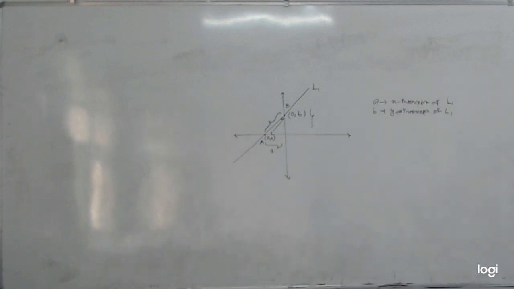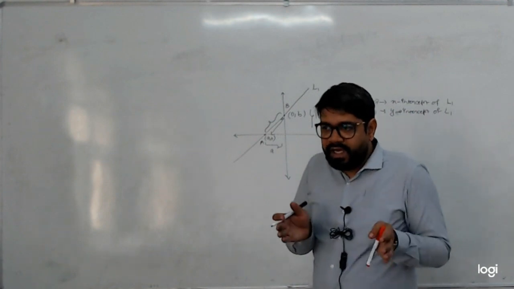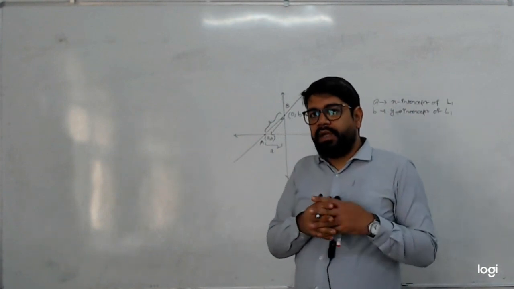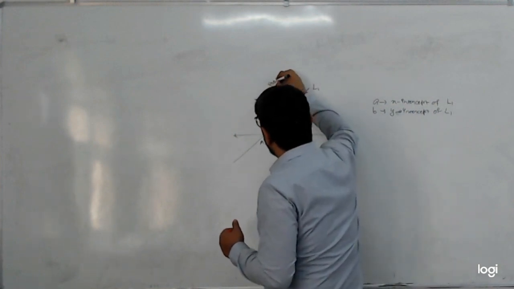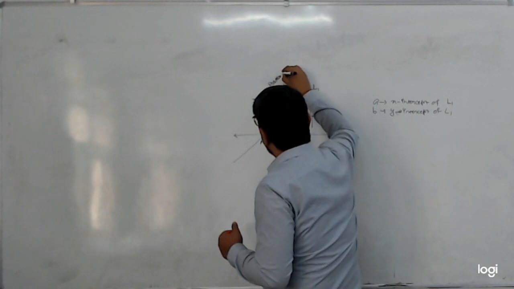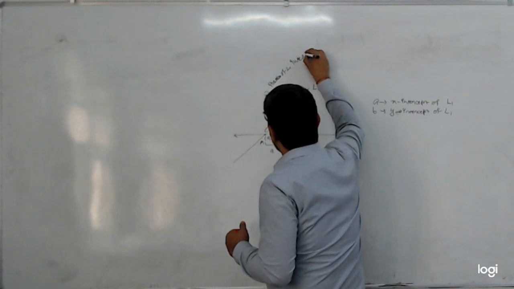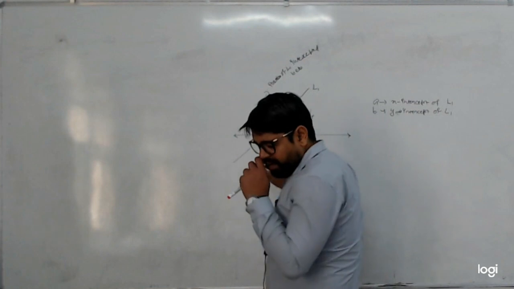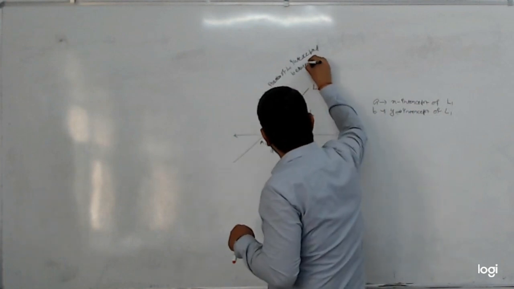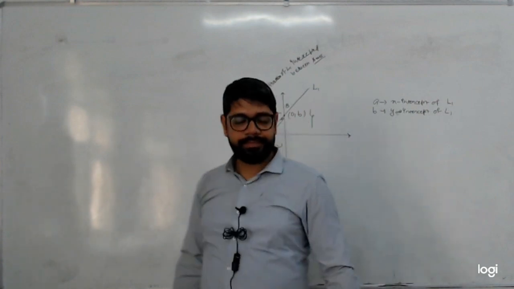The line segment intercepted between axes, or simply the portion of the line L1 intercepted between the axes, क्योंकि किसी लाइन का एक पोर्शन इज सिंपली अ लाइन सेगमेंट. क्लियर है?